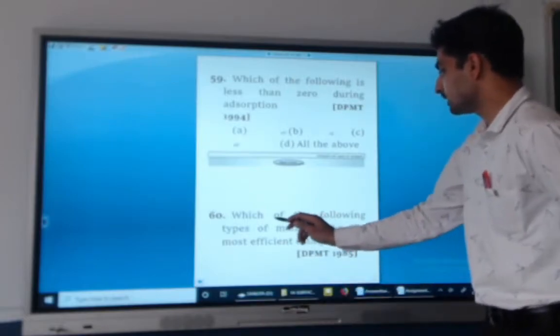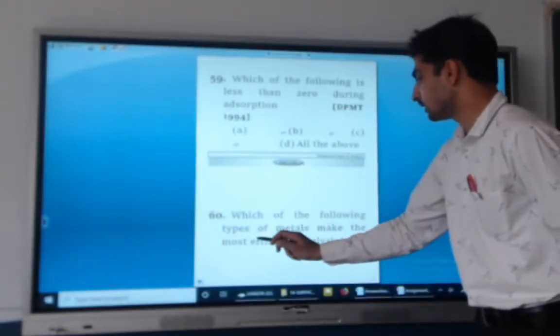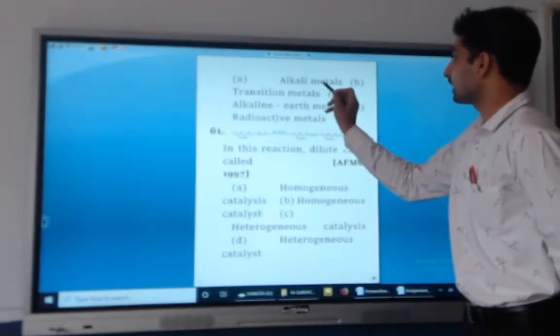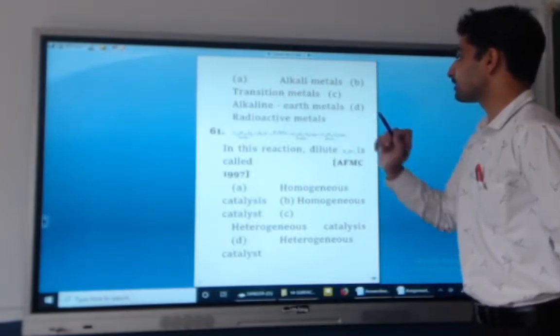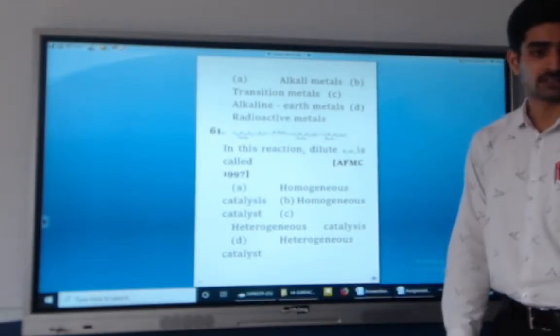The first question is, which of the following types of metals make the most efficient catalyst? The options are alkali metals, transition metals, alkaline earth metals, radioactive elements.